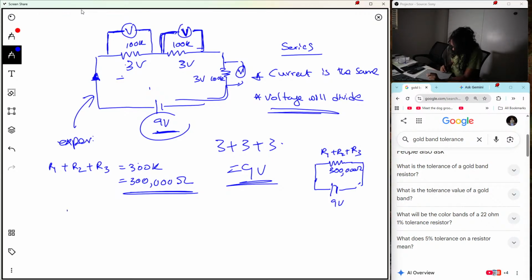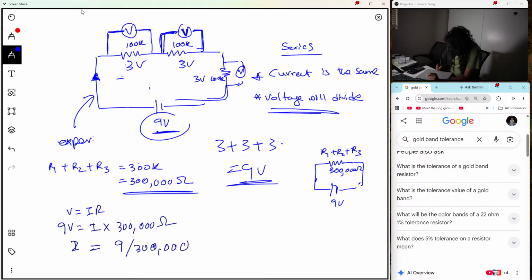So if we apply Ohm's law for that resistor, what is the voltage applied across that resistor? It will be 9 volts. 9 volts applied across I times 300,000 ohms, and I will be 9 over 300,000, right? So you can divide by 3.